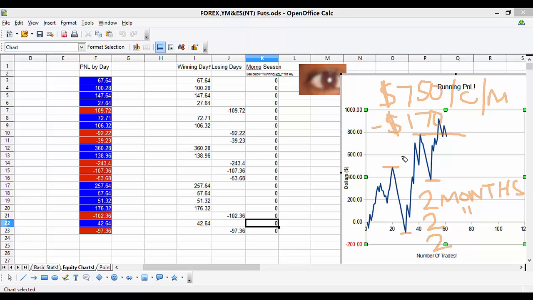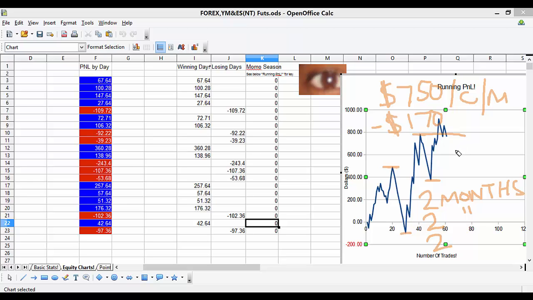I'm very grateful to be able to make any kind of profit in the market, but I'm a little ways off being able to pay the bills at this stage, because if you take 750 after commissions per contract per month and you take off 170, you're now at 580 a month.